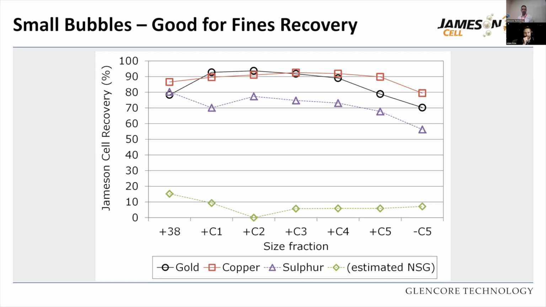Even down to the -C5 level, which I believe is into your -6 micron range, the recovery of copper and gold was still really good at around 80 and 70%. But a key one as well, when also looking at wash water, was the recovery of the entrained NSG, which stayed really low all the way to the fine particle ranges. So these results show not only the impact of the small bubbles, but also the wash water on the Jameson Cell.